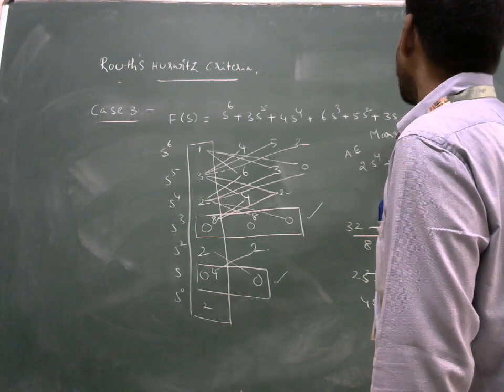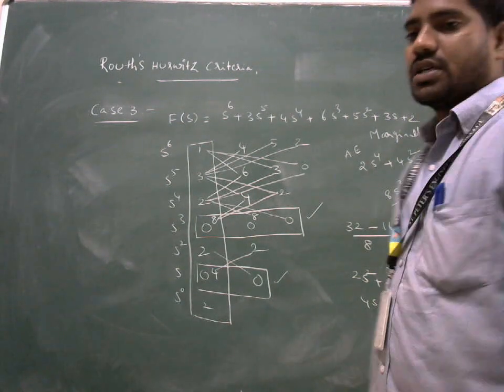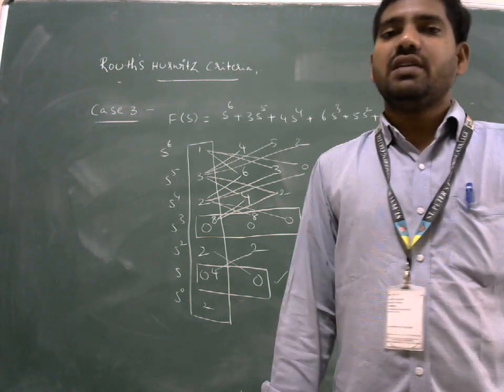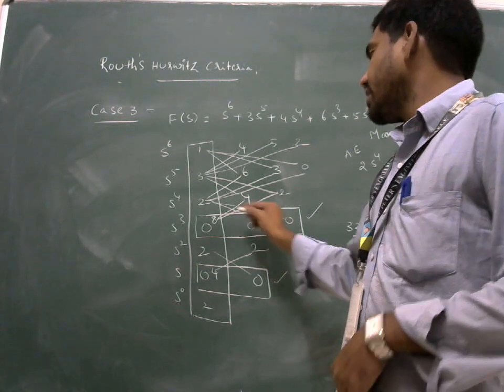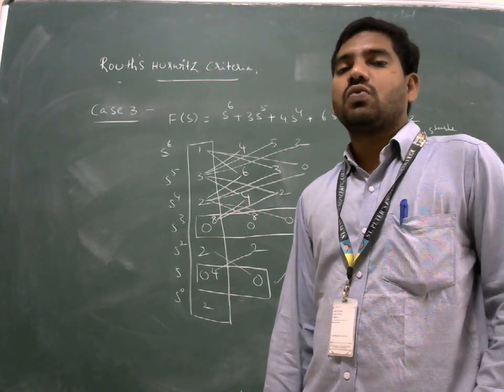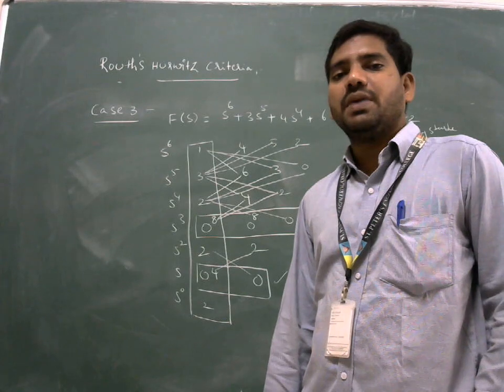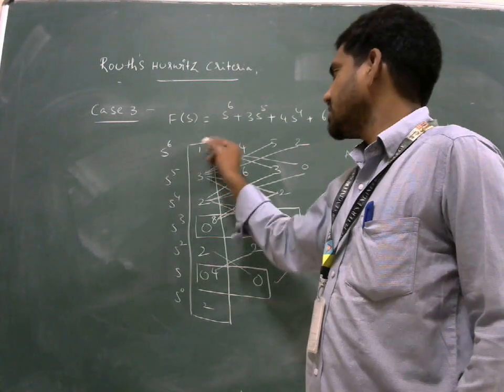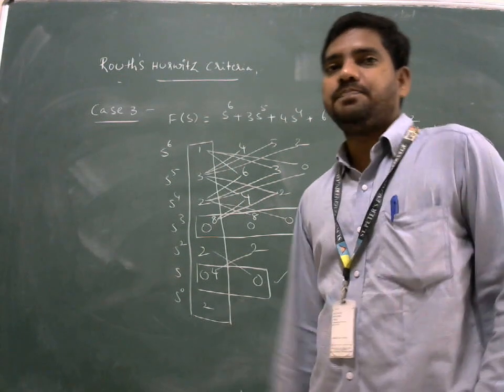That is the first thing. If you are getting an auxiliary equation, that is, all the elements in a row are 0, then we need to conclude whether it is marginally stable or unstable. It will be marginally stable if there are no sign changes in the first column.